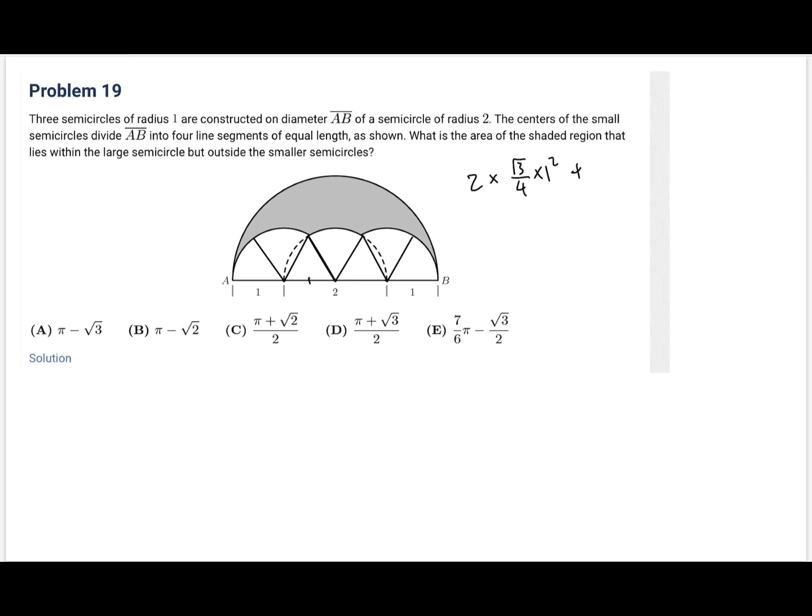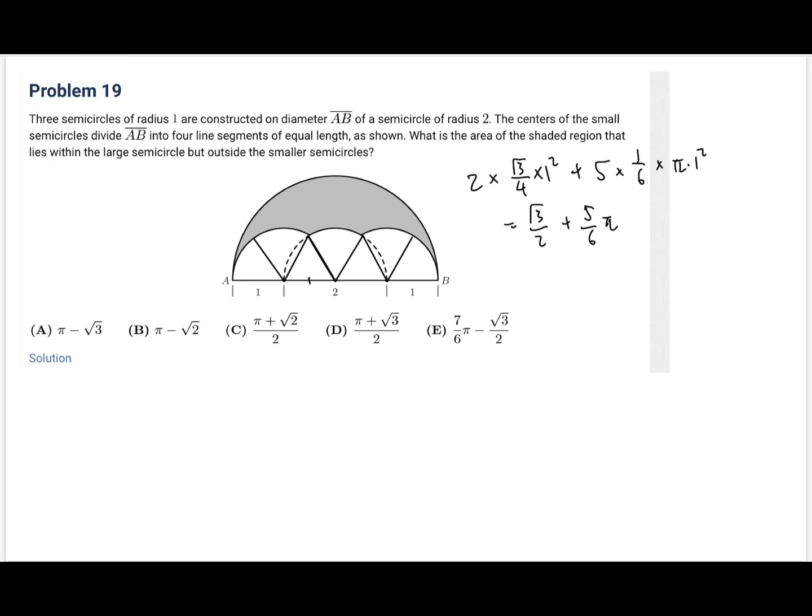This plus, and then there are 1, 2, 3, 4, 5, 5 of the 1/6 circles, 1/6 of the circle, right? 1 over 6 times pi times 1 squared. This is root 3 over 2 plus 5 over 6 pi.